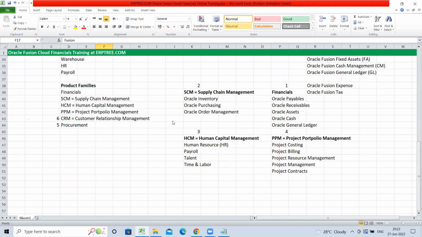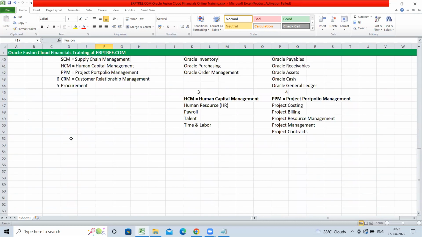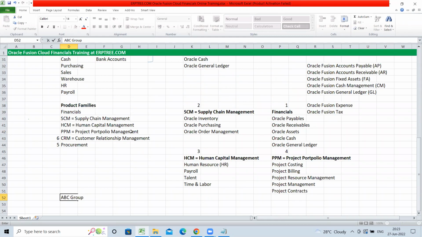Say for example, there is one company called ABC Group. They want to implement these applications for their company.